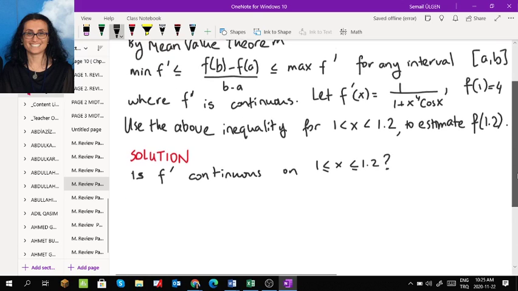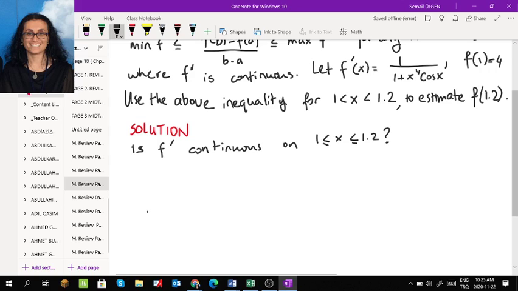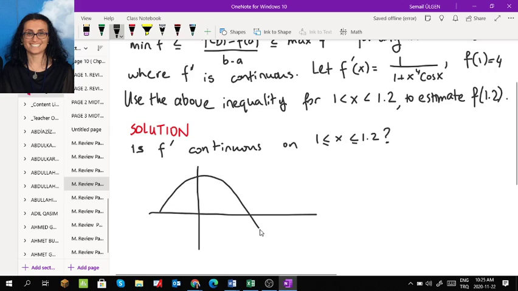What's the graph of cosine x? Let's remember. The graph of cosine x is like this, right? And then this is 1, this is pi over 2, because at pi over 2 the value is 0, and this is pi where it takes the value -1. Now the question is, what is the value of pi over 2 in radians?